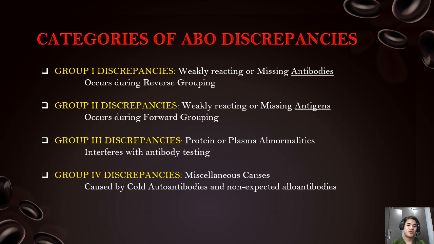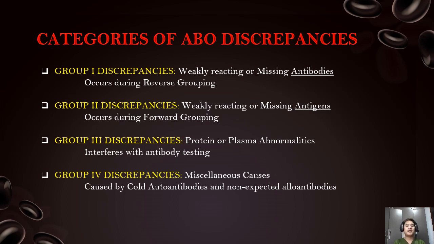So as opposed to your group 1, the main focus of group 2 discrepancy is the presence of weakly reacting or missing antigens. Meaning to say, the group 2 discrepancy classification occurs during your forward grouping or forward typing, while group 3 results when there are protein or plasma abnormalities.